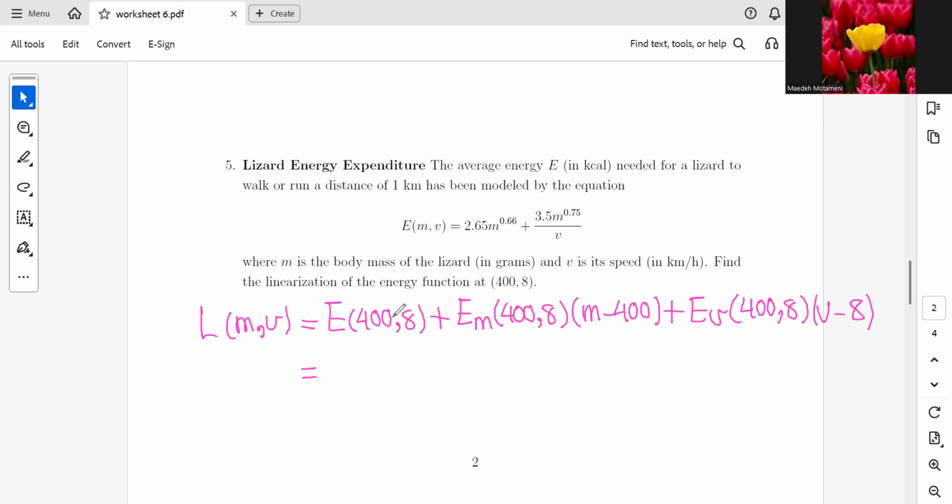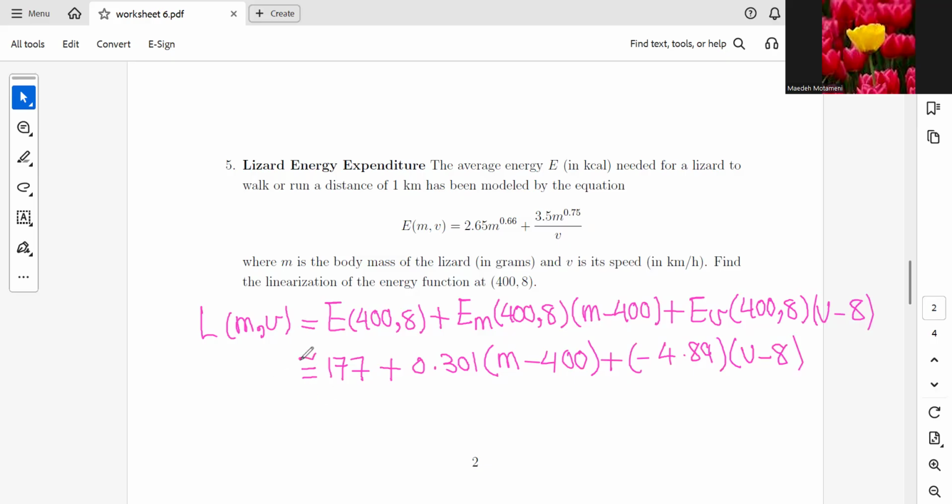When you plug in 408 here, in order to find E of 408, you would get 177 plus 0.301 times m minus 400 plus negative 4.89 times v minus 8.